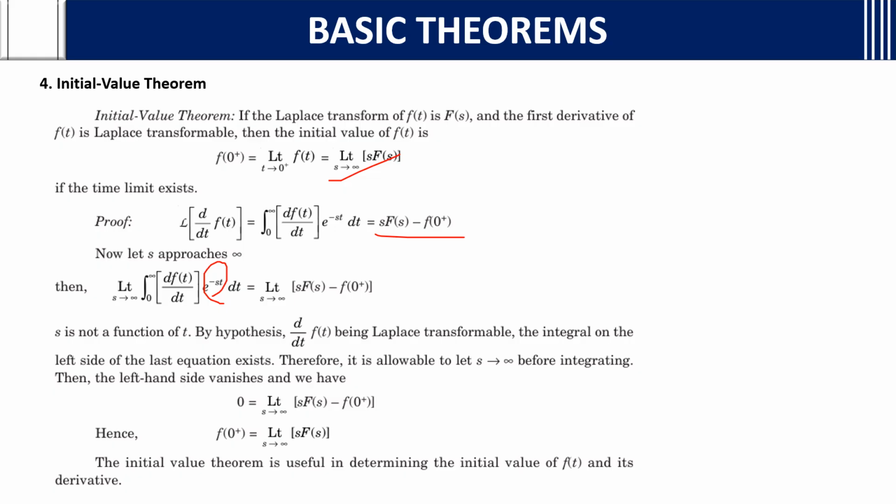By hypothesis, since d/dt of f(t) is Laplace transformable, the integral on the left side of the last equation exists. Therefore it is allowable to let s tend to infinity before integrating.